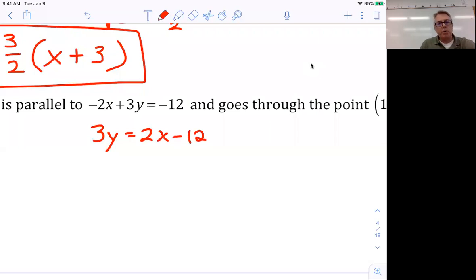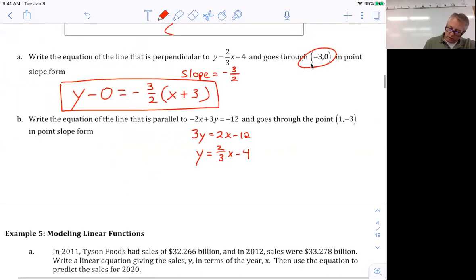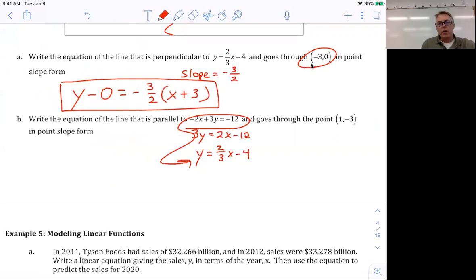Notice I put the x part first so that it ends up in slope-intercept form. And divide everything by 3. So this equation is really y equals 2/3 x minus 4, which is much easier for me to see that the slope is 2/3. So the slope of a line parallel to that will also be 2/3.